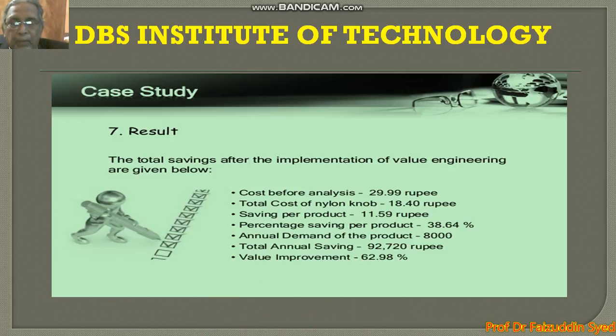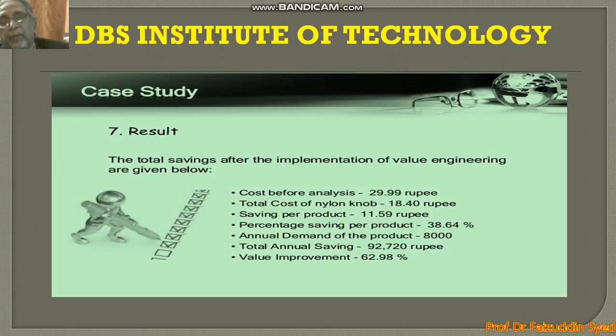Then the final results are as follows. The total savings after the implementation of value engineering are given below. The cost before analysis is 29.99 rupees. The total cost of the nylon knob is 18.40 rupees.